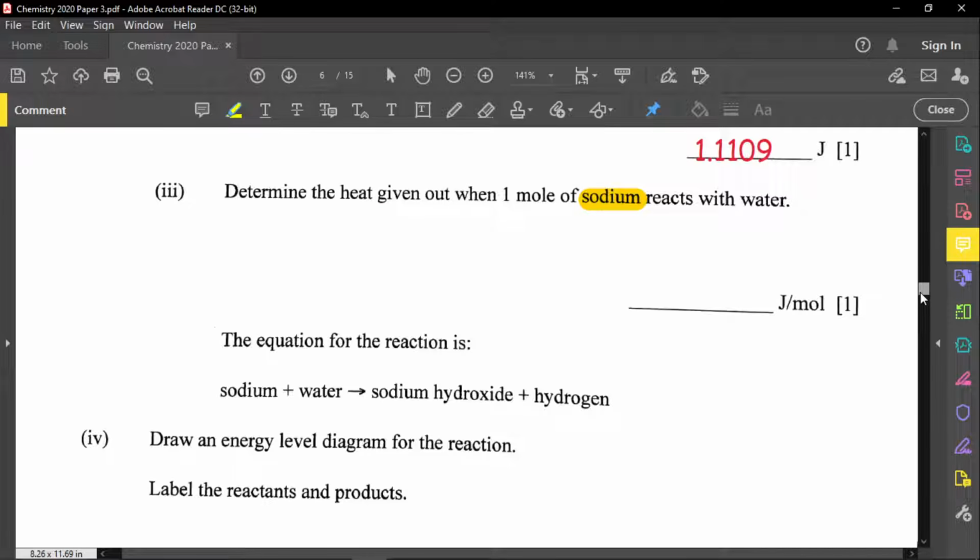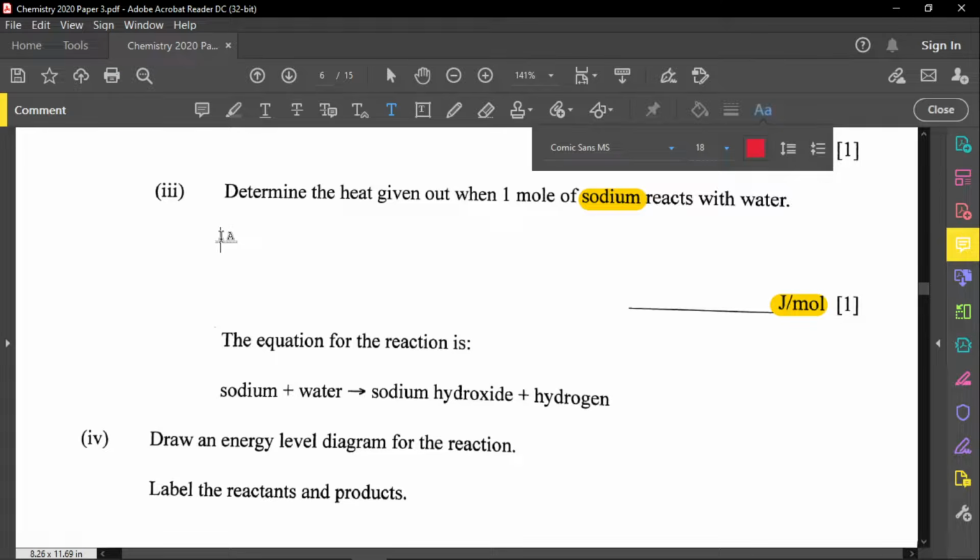Remember, the unit here is joules per mole, so you divide the joules by the moles. First you have to find the moles, which is the mass divided by the relative atomic mass.